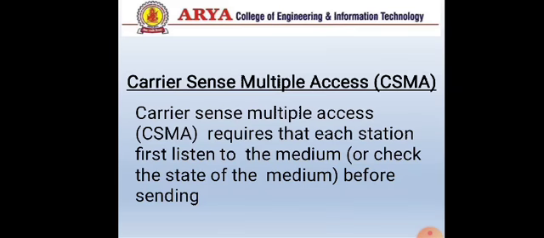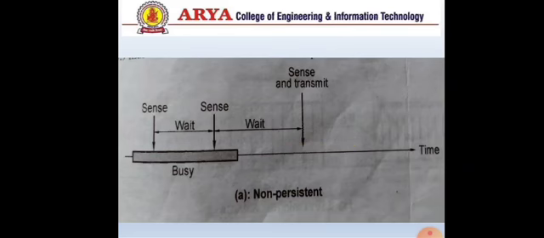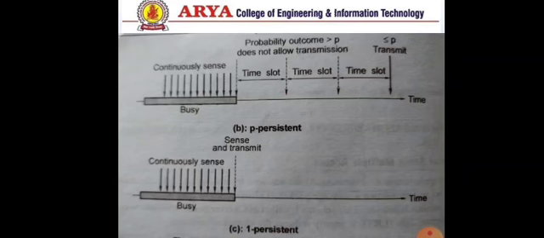That means if anybody wants to send, they first check whether some other station is sending data or not. There are non-persistent, p-persistent, and 1-persistent methods, where the time is divided into slots.